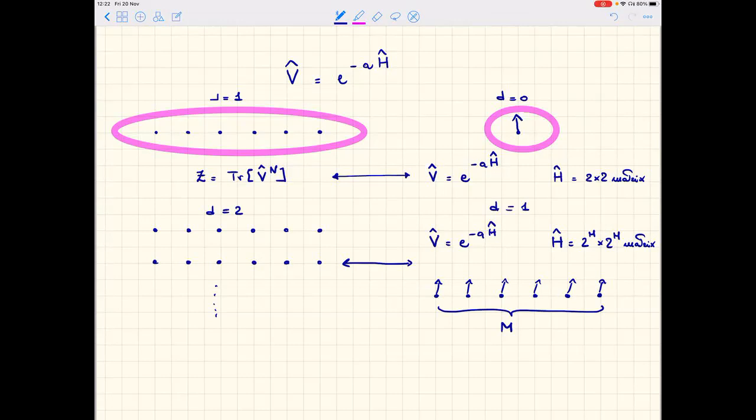And in particular, the Ising model here is minus J sum over i,j nearest neighbors, sigma i, sigma j.